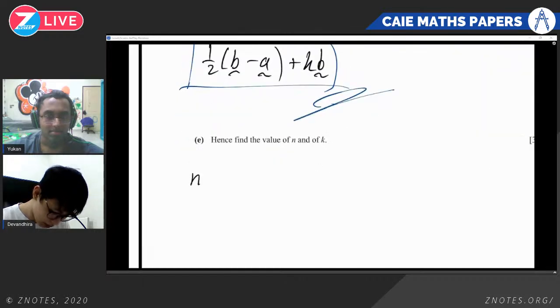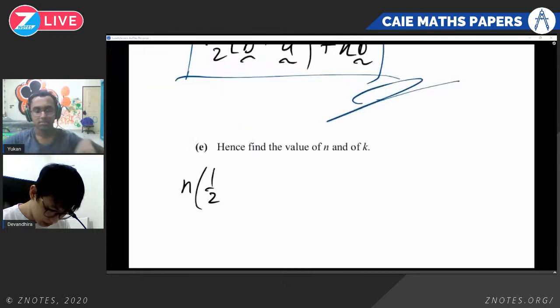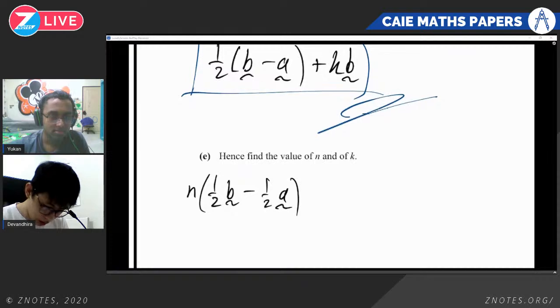All right, so let's do that. We'll equate them. Sorry, it's too big. And I'll just multiply everything here. Sorry, not half, writing half. Half n A is equal to half B minus A plus k.